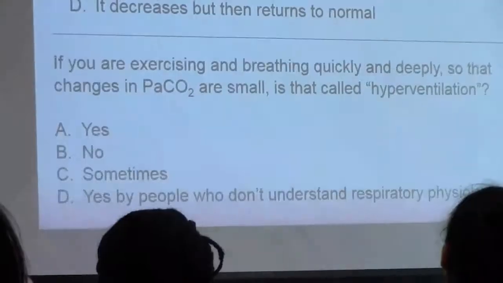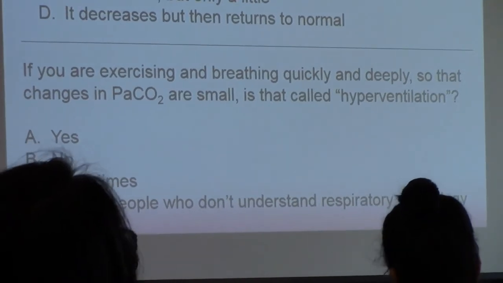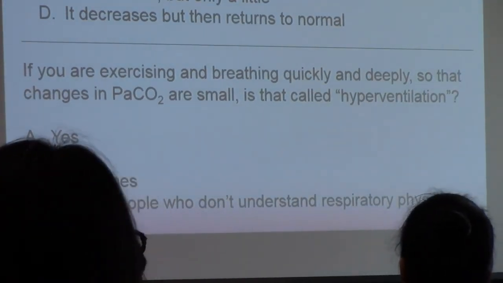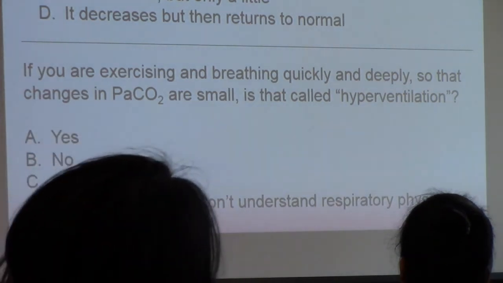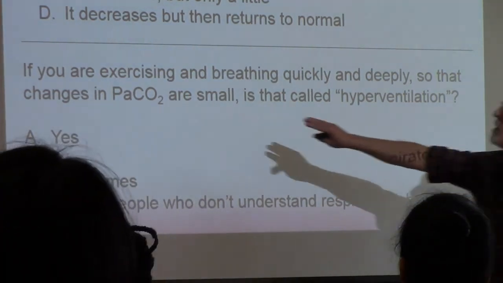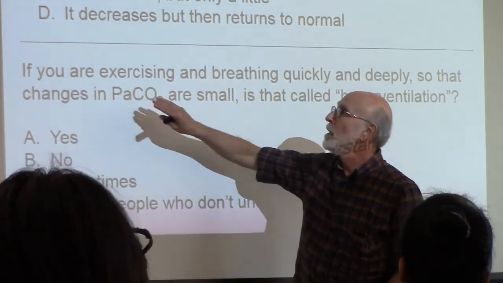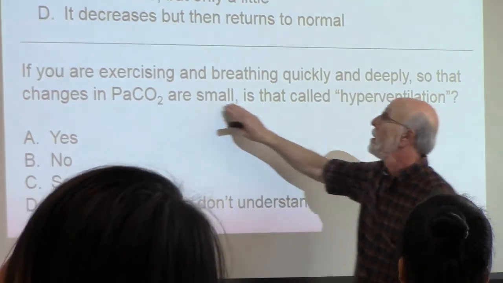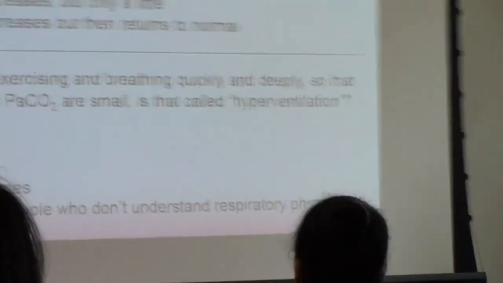If you are exercising and breathing quickly and deeply, that is to say breathing with a high respiratory frequency, that's what quickly means, and deeply, that's with a large tidal volume, so that changes in the arterial partial pressure of CO2 are small, is that called hyperventilation?